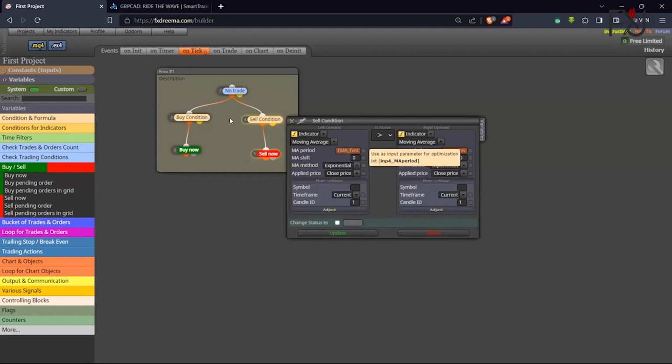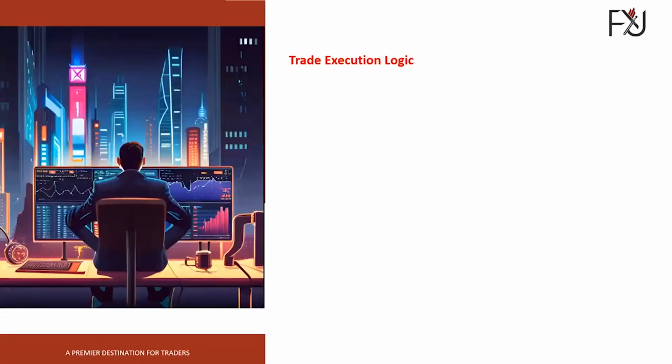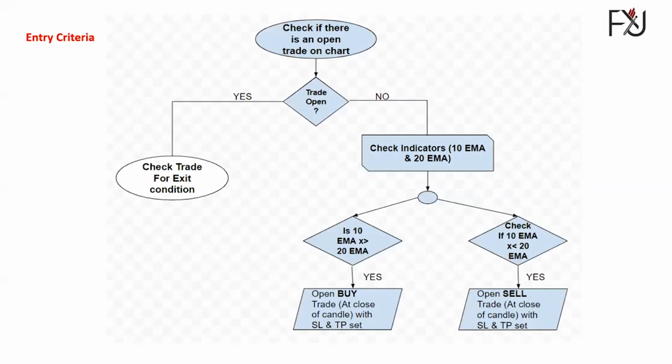We're checking if the fast moving average crosses above the slow. But if I go back to our flow chart here, let me just quickly go over to it. Yeah, okay.